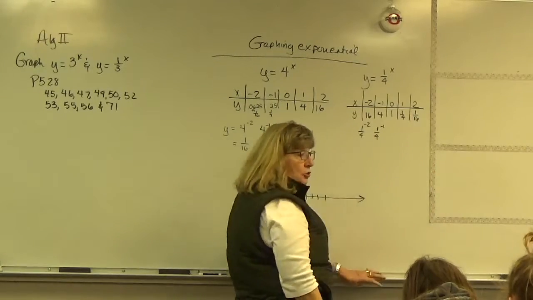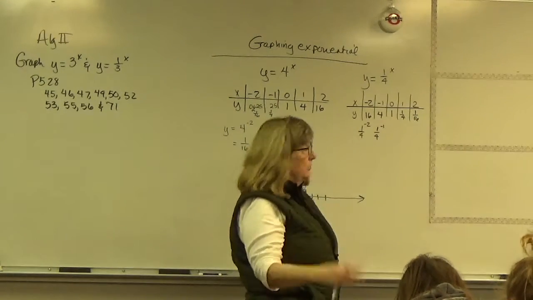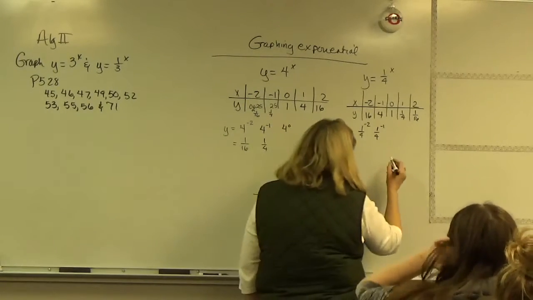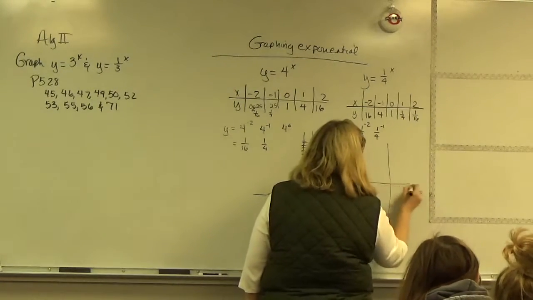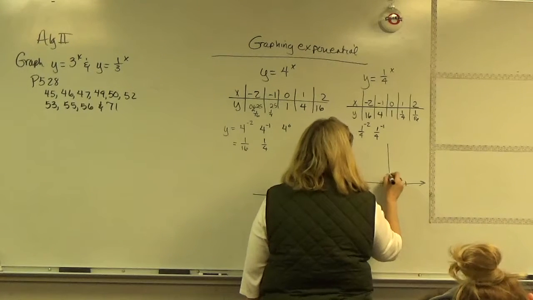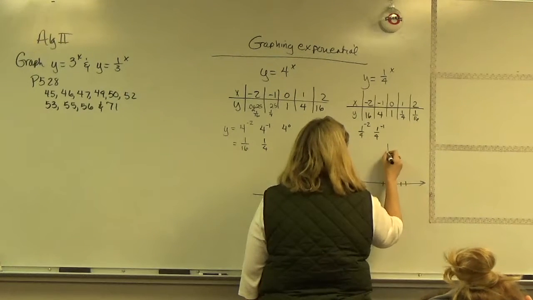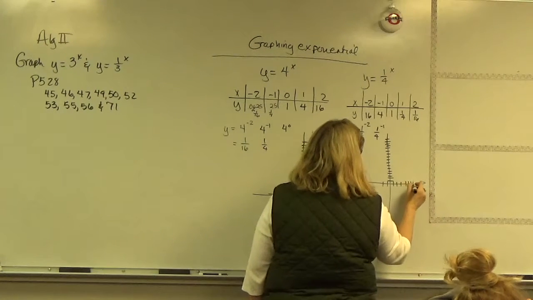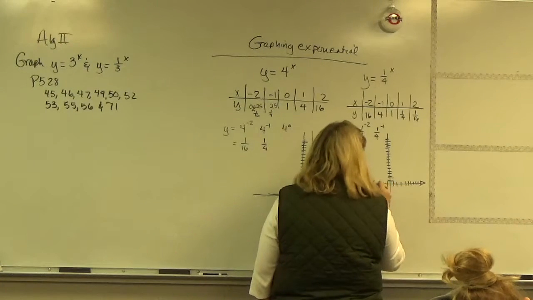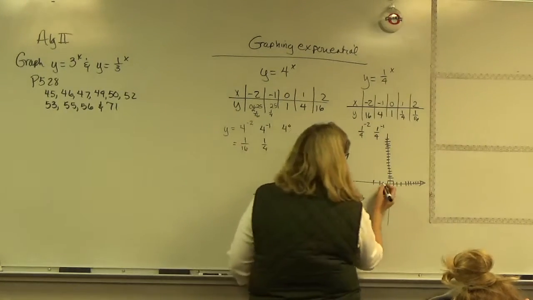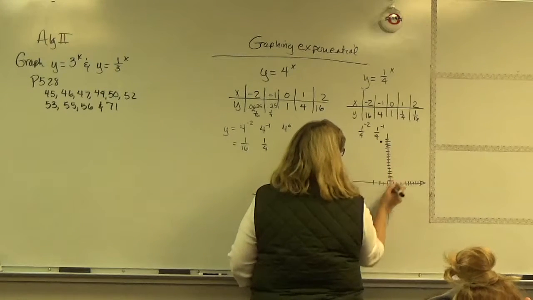And again, you can use your calculator, or go to a decimal and say 0.25, and then 0.0625. That's probably enough.